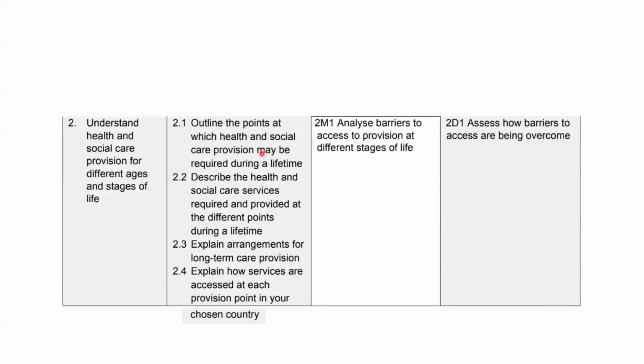The next learning outcome is to understand health and social care provision for various ages and stages of life. We have different ages and stages of life, and we need to understand the health and social care provision throughout them.